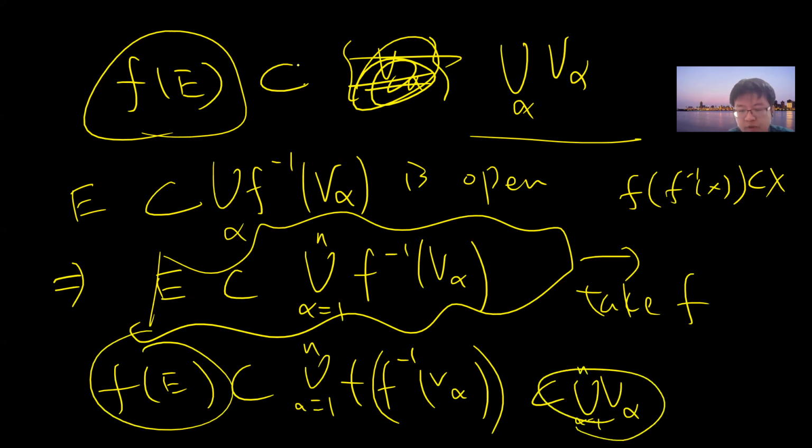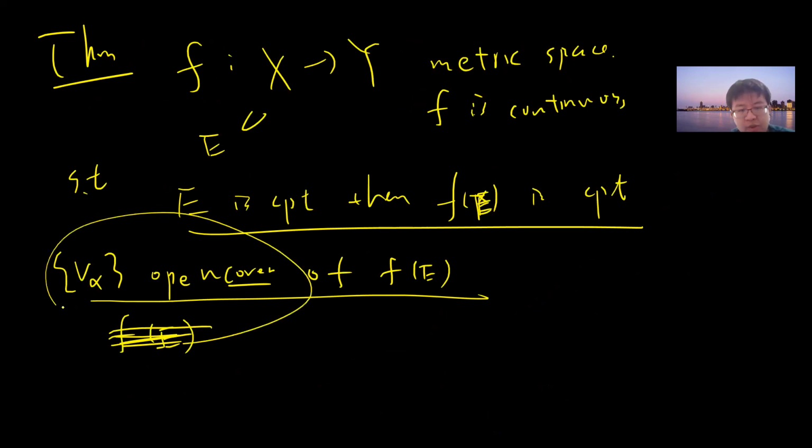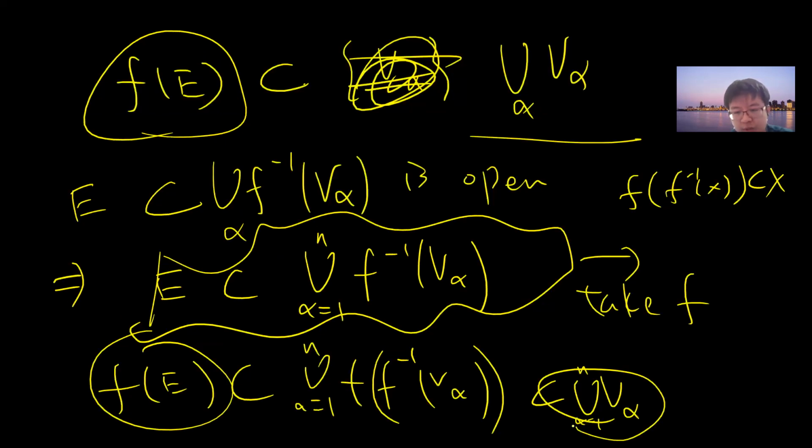For any open cover V alpha of f of E, you can always find a finite subcover, which tells you that f of E is compact.